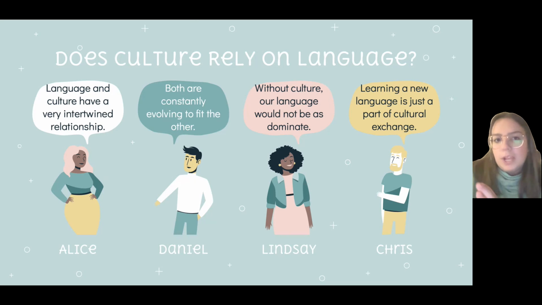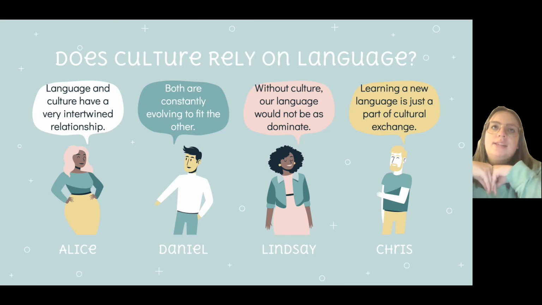And one way that culture affects language is obviously what we just got done talking about, the internet. We allowed the internet into our culture, and it is beginning to affect our language. Without culture, our language would not be as dominant. I think one good example is when colonizers came from Britain to the Americas.